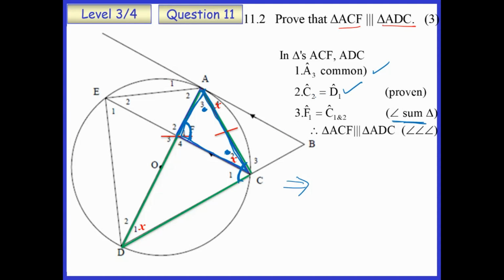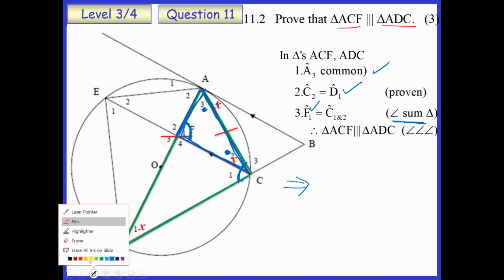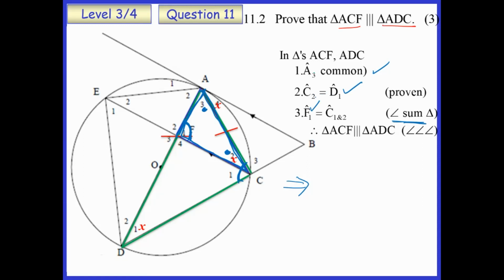So left in the blue triangle is F1. Got it? And if we look at the green triangle, in one we took A3. I'm on the green, all right? Then in 2, we spoke about D1. So what's left in the green triangle? That's your third angle. So number 3 is the third angle in both the triangles.